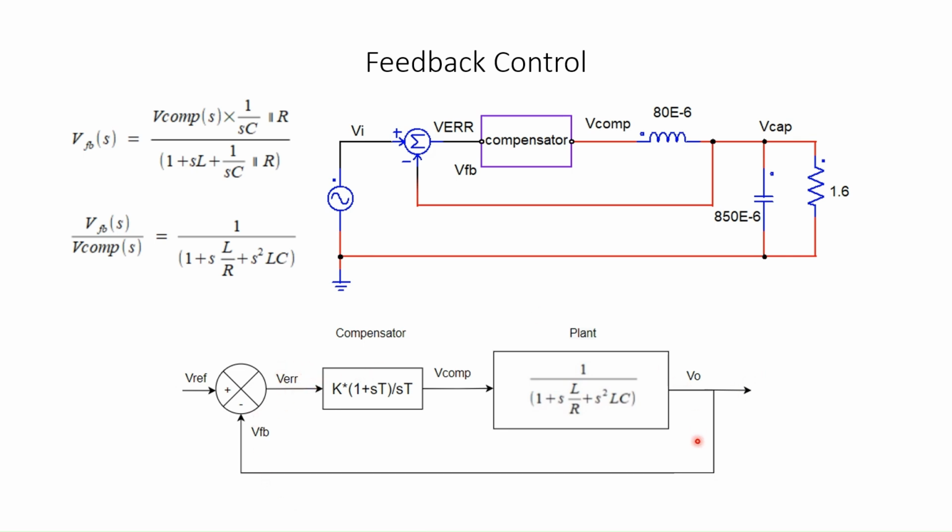So this is the control block diagram. Now the objective is to design a compensator such that V feedback follows the V reference without oscillation, and it has to follow as closely as possible.